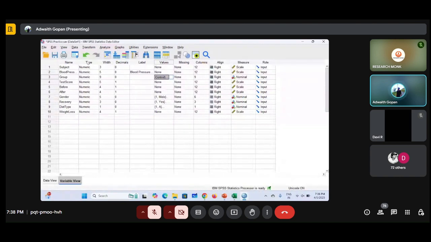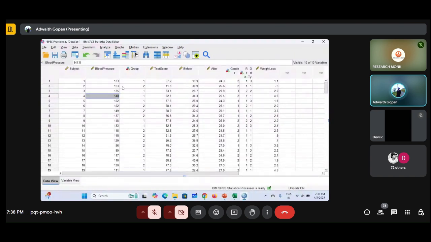Another thing you should keep in mind is to always make sure that all your variables are coded in numbers rather than in alphabets. Because if we manually type in control and treatment in the group in the data, then SPSS would not allow us to do any type of inferential statistical techniques. So always make sure that if you are entering a categorical variable, you enter it in numbers, in codes.